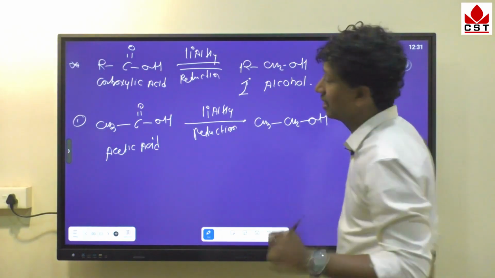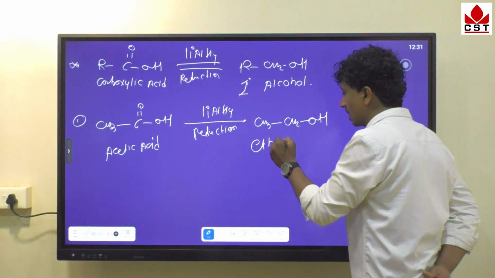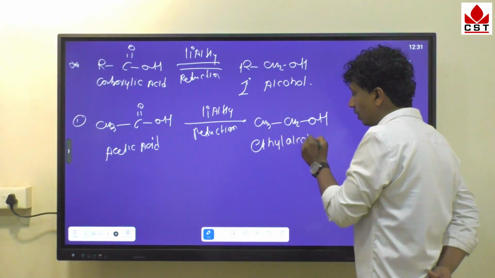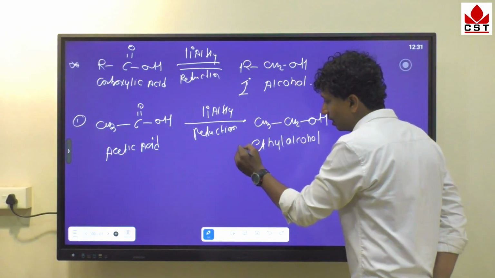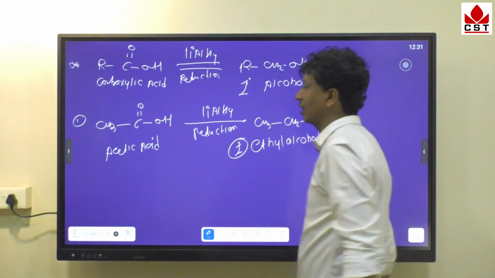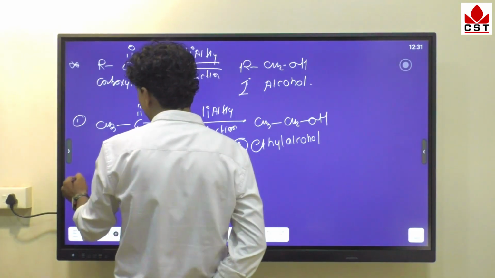The product is ethyl attached to OH, called ethyl alcohol. OH is attached to a carbon that carries one carbon, and the class of that alcohol is primary.